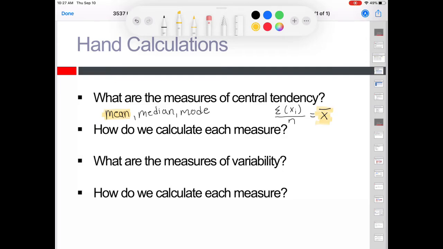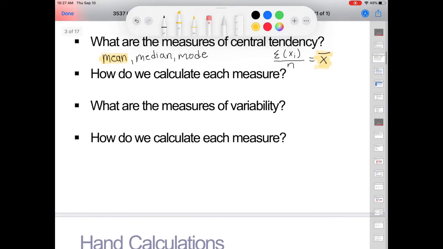So what are our measures of variability? Once again, you can pause if you want to go ahead and test your own knowledge. Our measures of variability are going to be our range, standard deviation, and our variance.